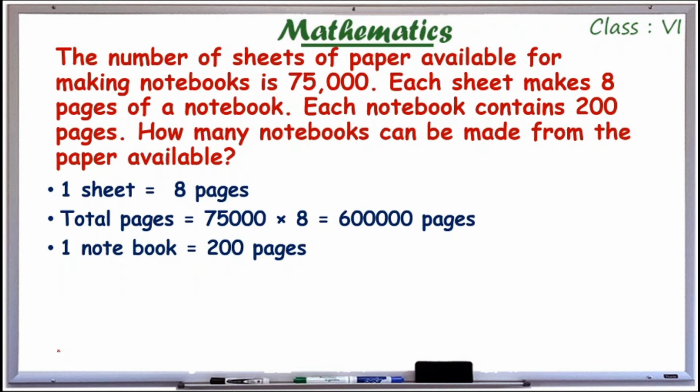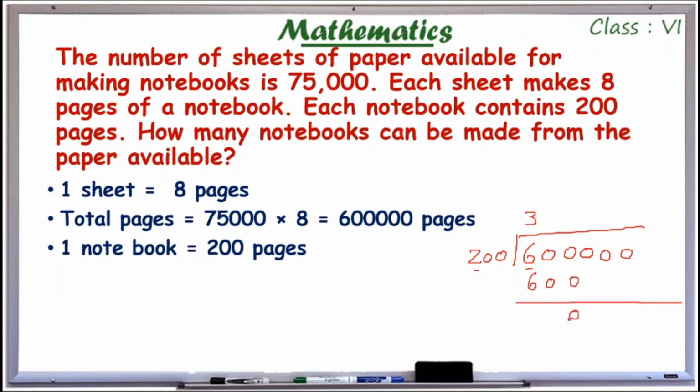and for a notebook we have 200 pages. So how many notebooks? 6 lakh by 200. So 3 into 200 is equal to 600. So this is 0, and we have 3 additional zeros.